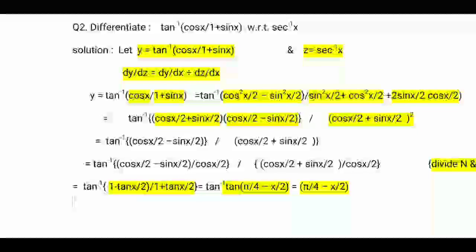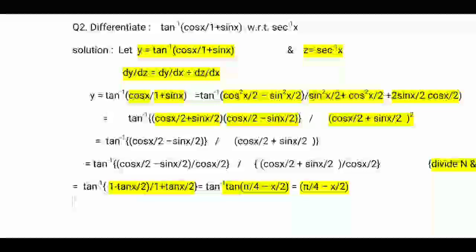So we get tan inverse (cos x by 2 minus sin x by 2) upon (cos x by 2 plus sin x by 2), cancel out cos x by 2 plus sin x by 2 from numerator and denominator.